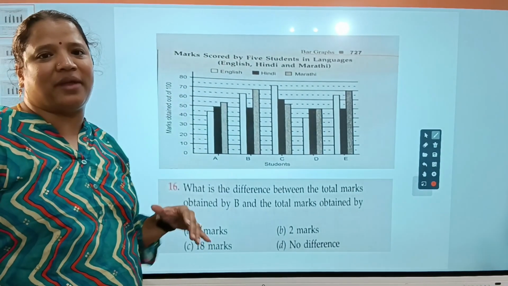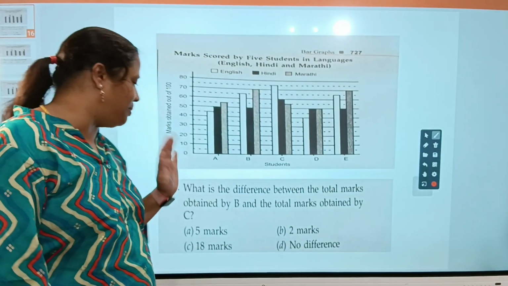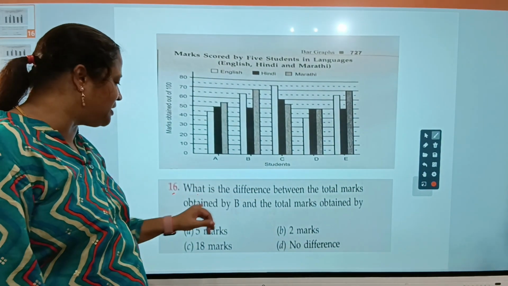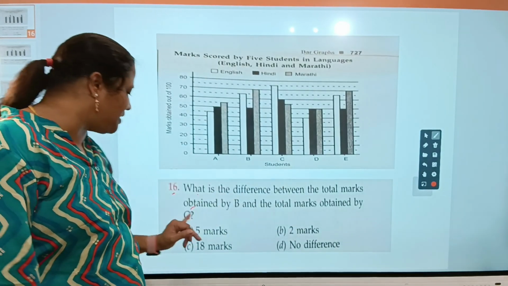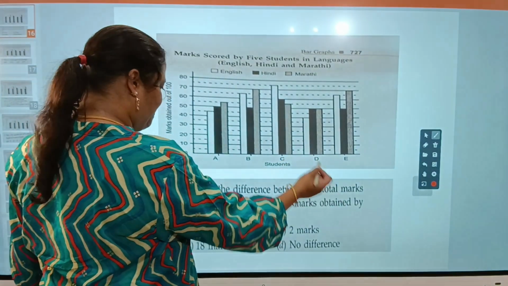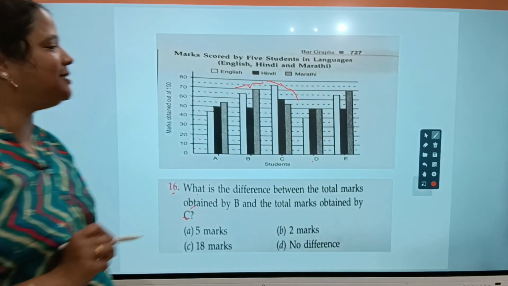However, I want to explain personally one by one question so that I can make it easy for you people. The first question being, what is the difference between total marks obtained by B and total marks obtained by C? So how much total marks obtained by B and how much total marks obtained by C?